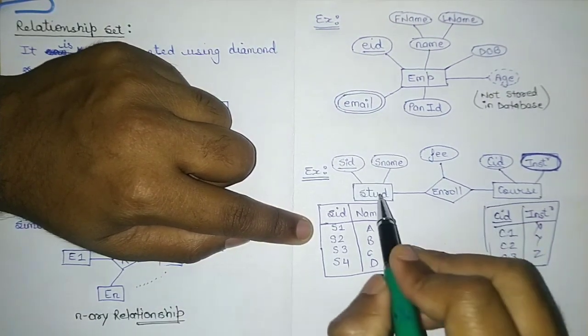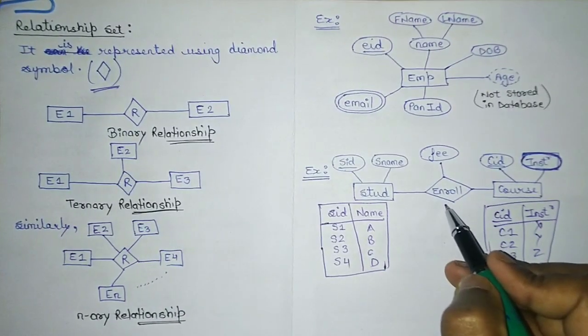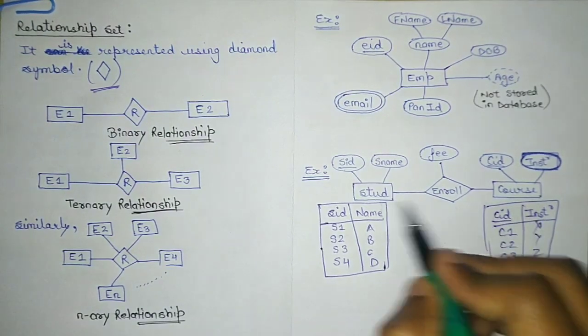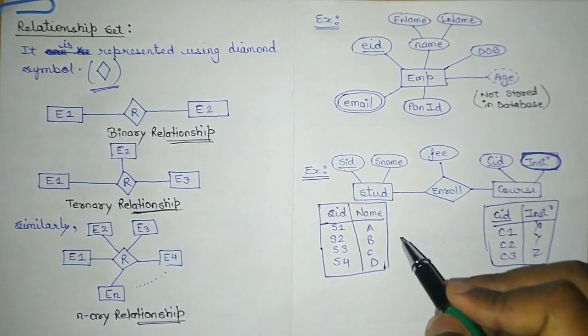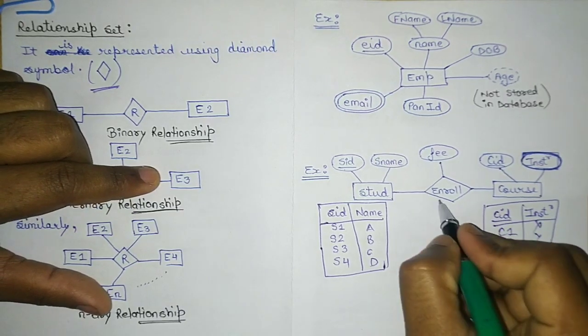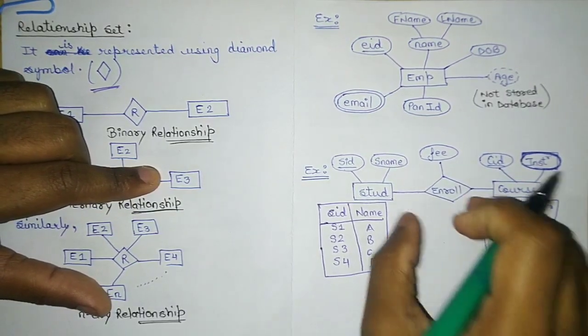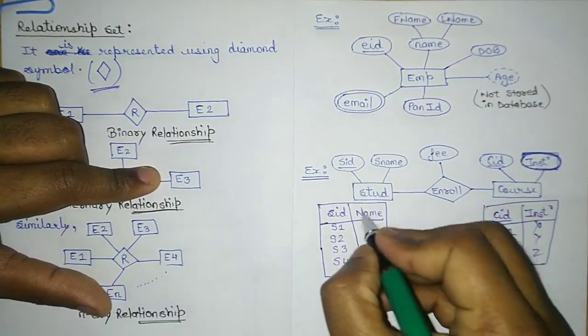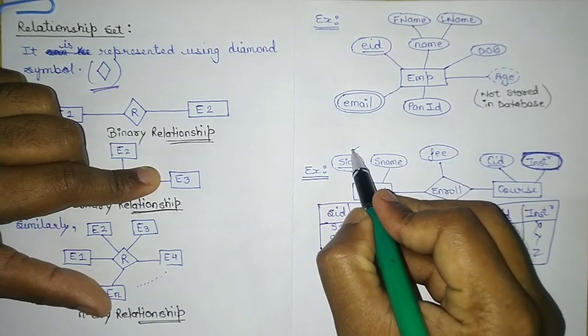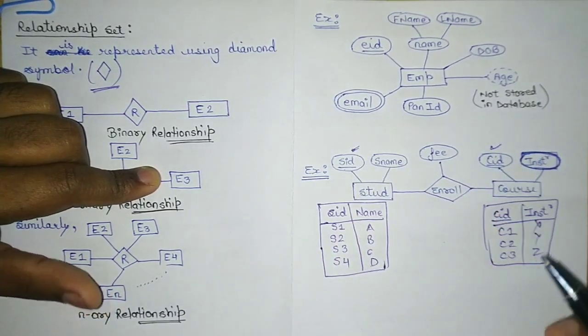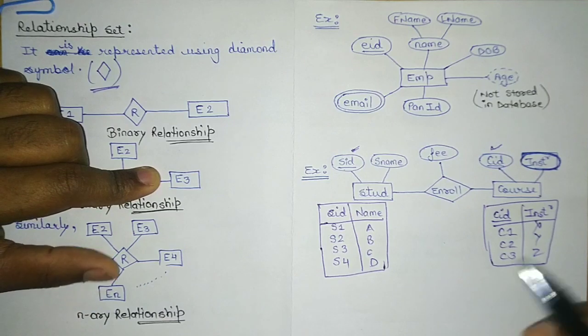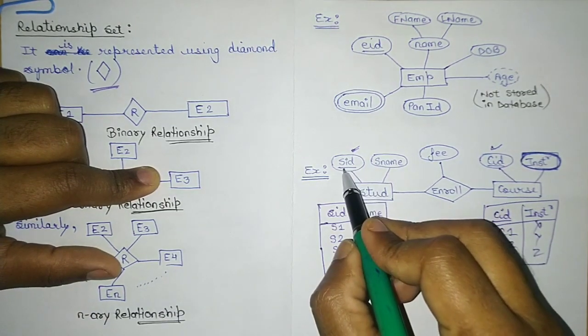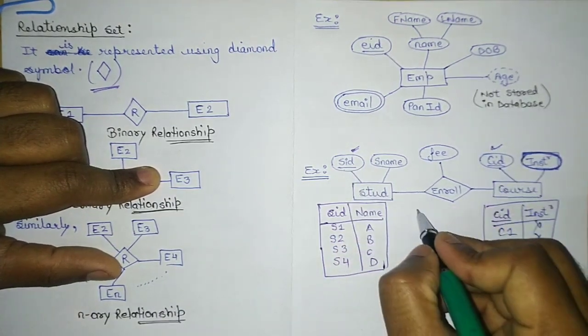So what will be the key for this particular enroll relationship? There are two tables, and this is the particular enroll table. So there will be a table for enroll also, where we'll be taking the key of both the tables or both the entities. So here one key is SID, one key is CID.